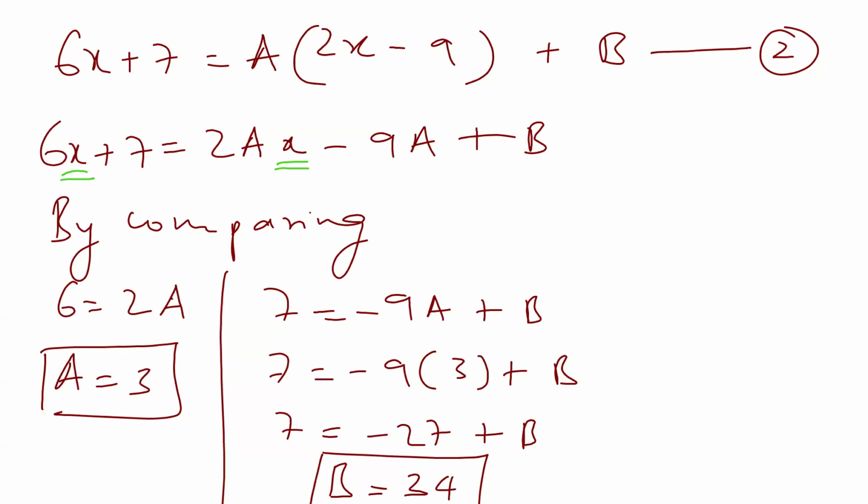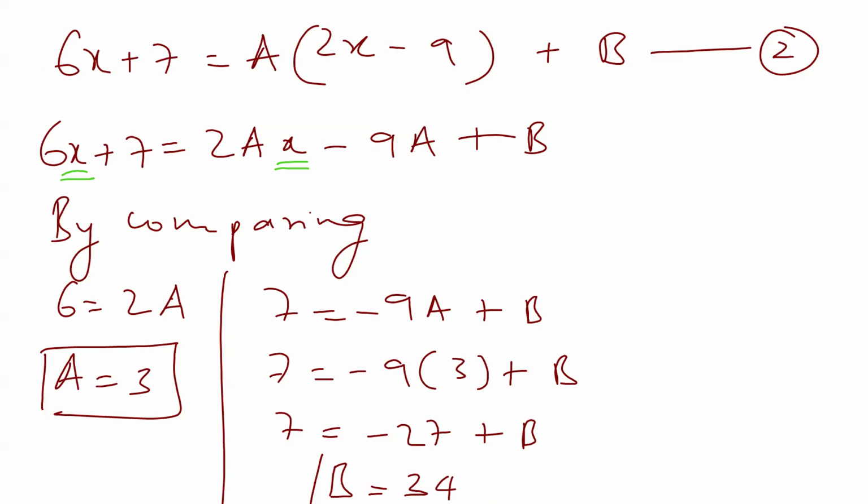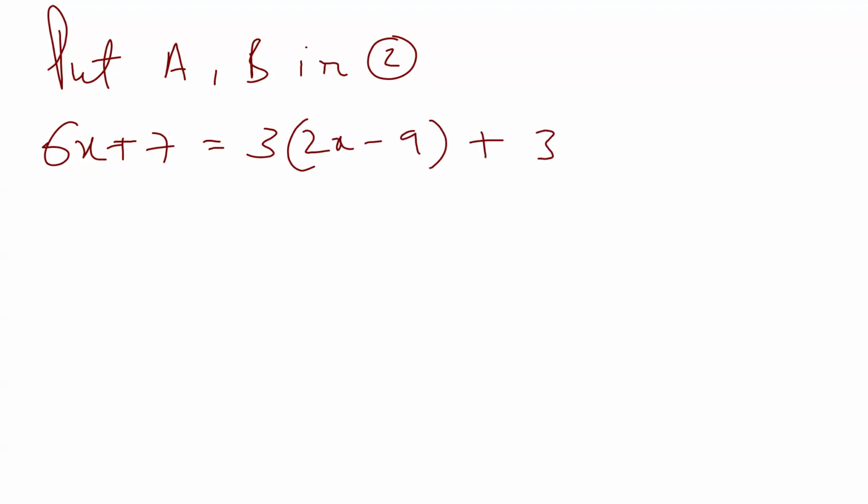So we got the values of a and b. Now we are going to put these values of a and b in equation number 2. So equation number 2 is 6x plus 7 equals 3 into (2x minus 9) plus b. b is 34.